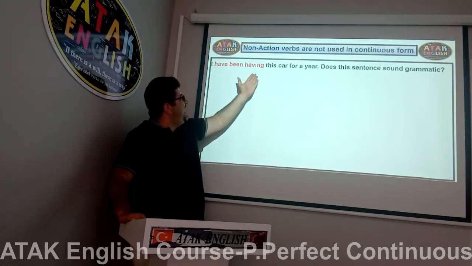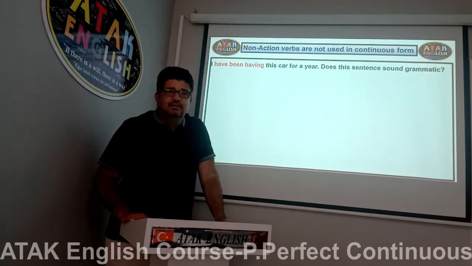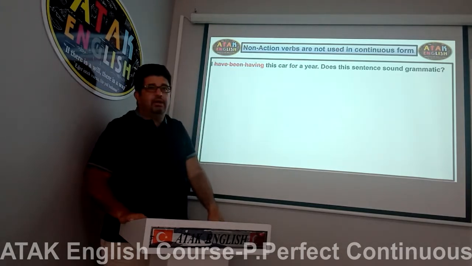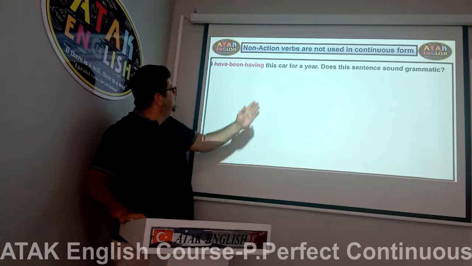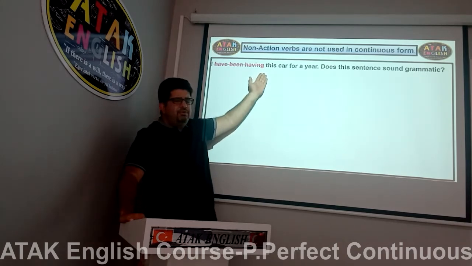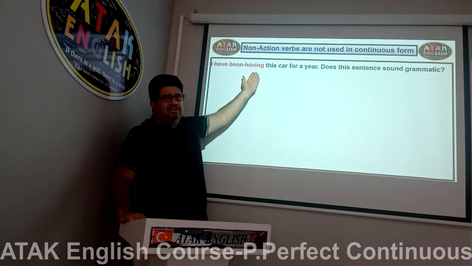I have been having this car for a year. Does this sentence sound grammatical? I have been having this car. But what is the verb here? The verb is to have. To have is a non-action verb, and it would be meaningless to use it in continuous forms. Okay?